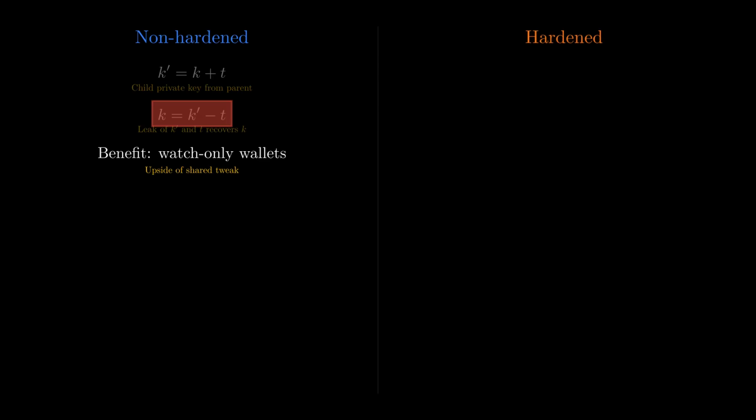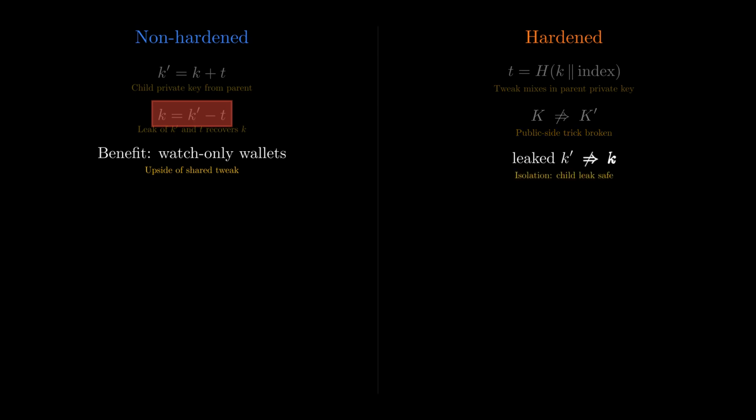For sensitive branches, BIP32 defines a hardened variant. Instead of using a public tweak, it mixes the parent private key itself into the tweak through a hash, roughly hash of k concatenated with the index. Hardened derivation deliberately breaks the public side trick, so you can no longer derive child public keys from the parent public key alone.